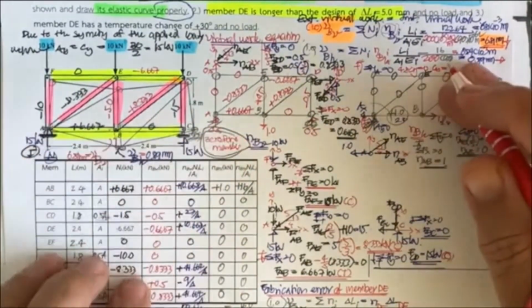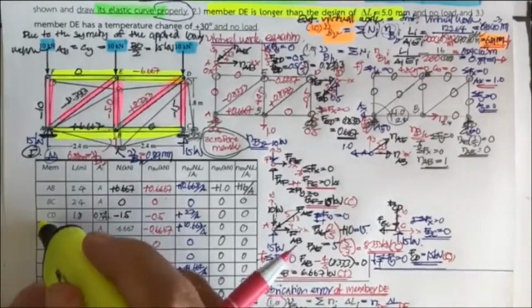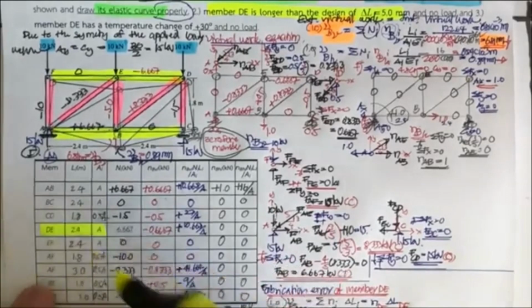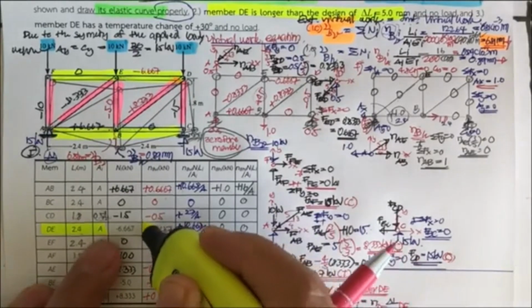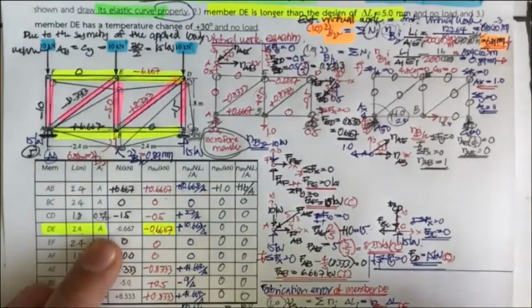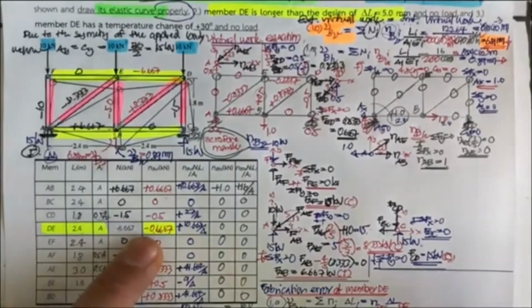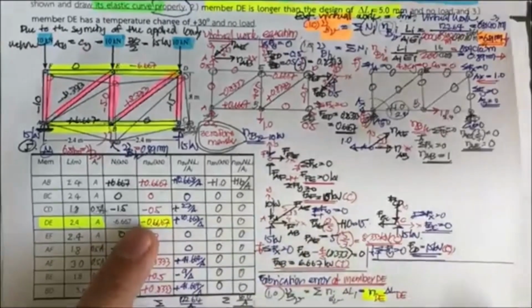So what we have is the member DE. Member DE is this. It has the N sub BV of this. Okay, and if we have this one as N sub DE, and this one is going to be 5 millimeter.